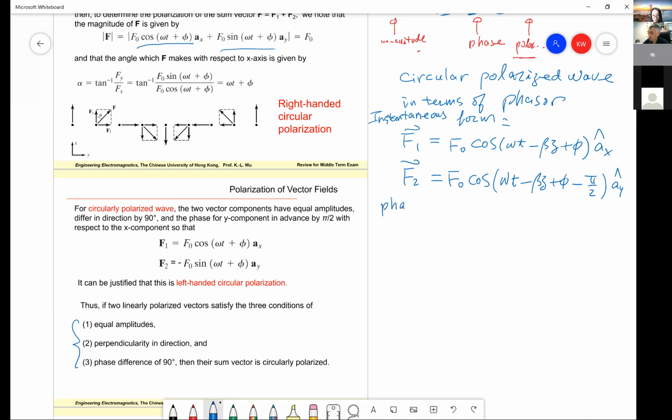Now the phasor form. In the phasor form, we also have a magnitude, E1, with e to the j phi. So far I just read it in this way.